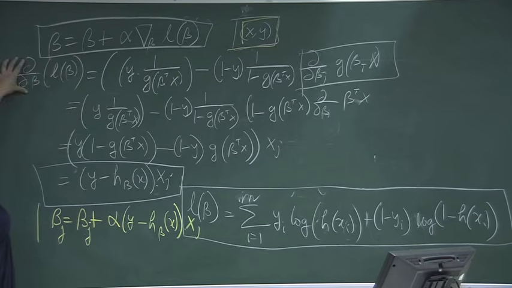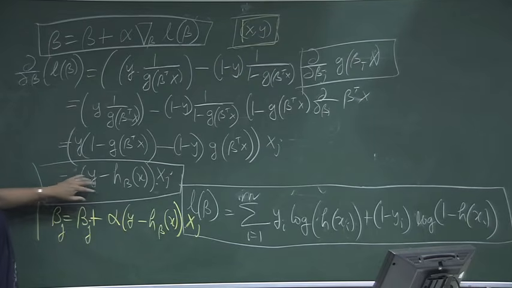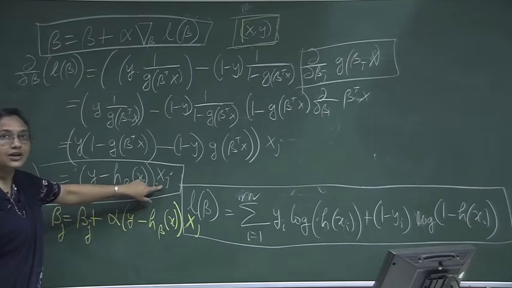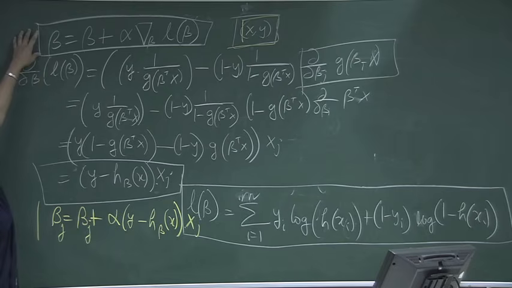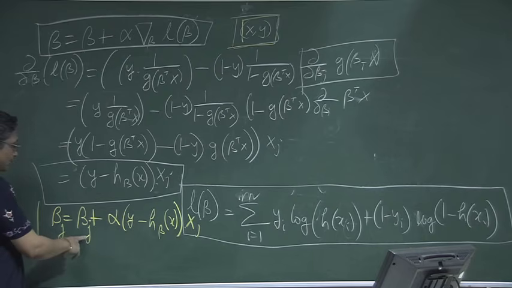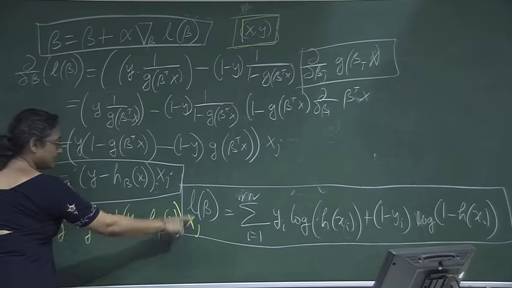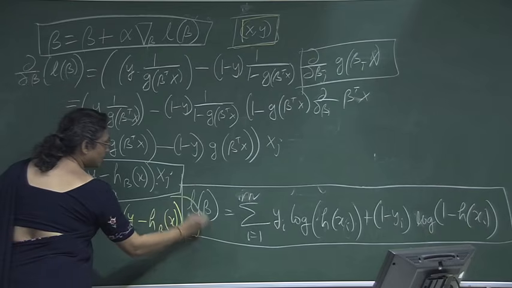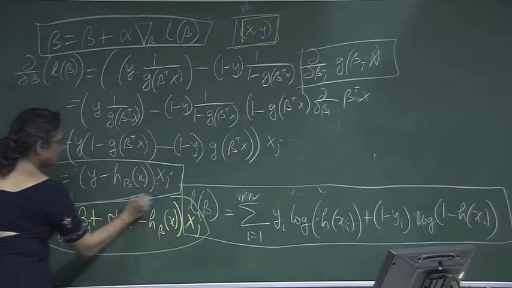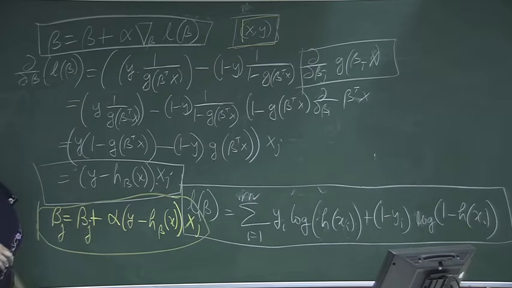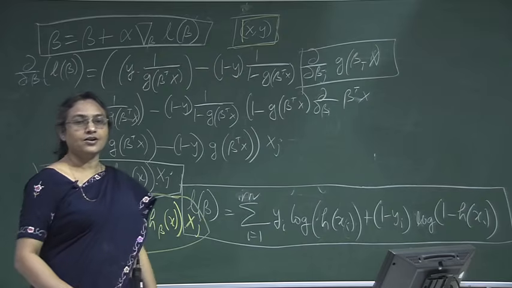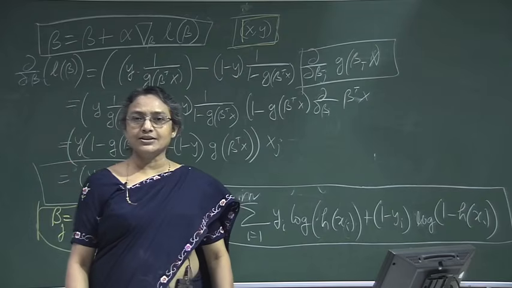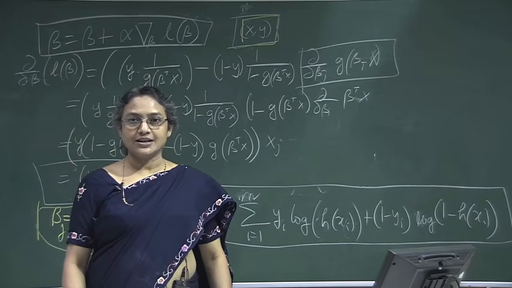After some manipulation, we get that it is equal to (y minus h_beta(x)) times x_j, and plugging it into this formula, we get how we can update beta_j. Beta_j is the jth component of beta: beta_j equals beta_j plus alpha times (y minus h_beta(x)) times x_j. So, this is the formula by which we can do stochastic gradient ascent, and we will find the right values of beta, which we can use for logistic regression. With this, we come to the end of today's lecture. Thank you very much.